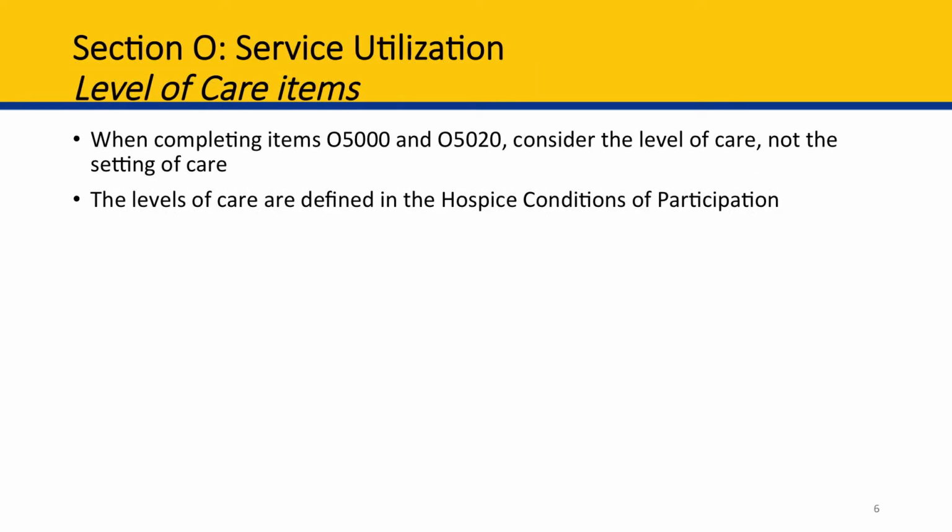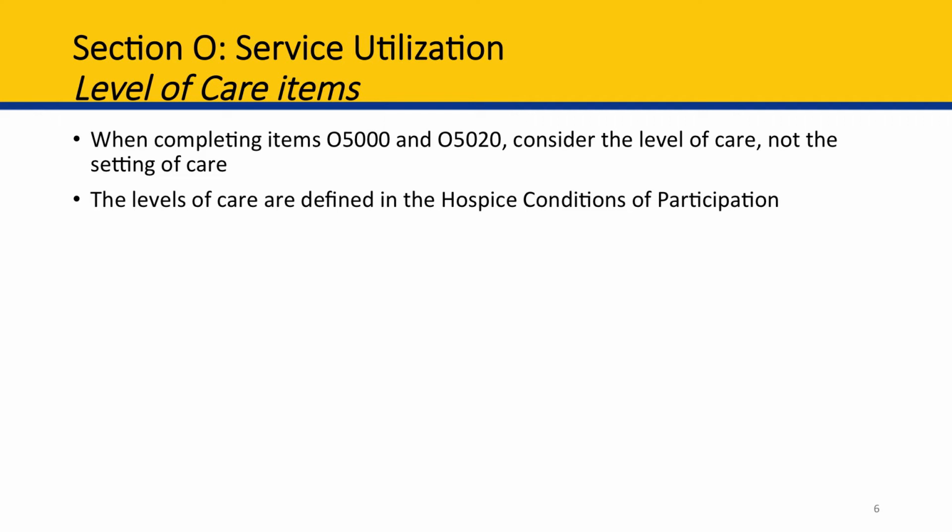Before we delve into each Section O item individually, let's go over some general guidance for completing the 2 types of items in this section, level of care items and visit items. Let's go over some general guidance for level of care items first. When completing the 2 level of care items, O5000 and O5020, consider the level of care, not the setting of care.